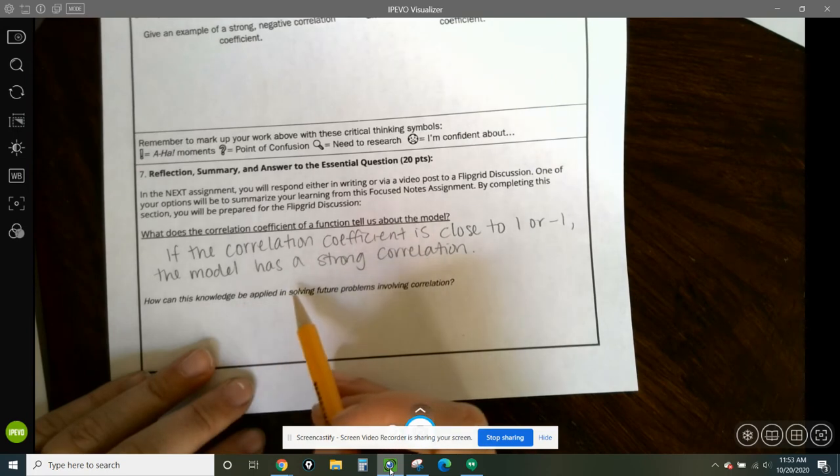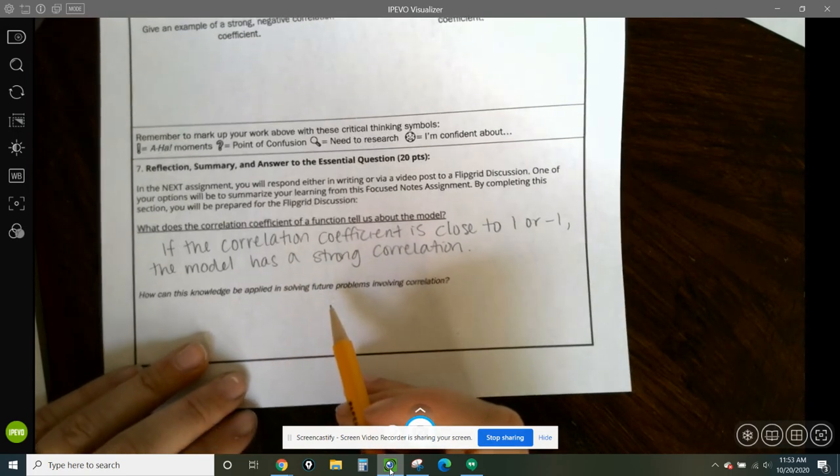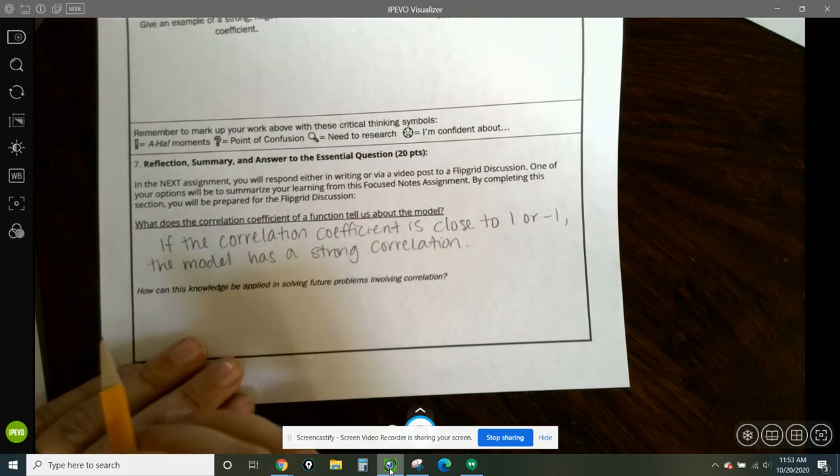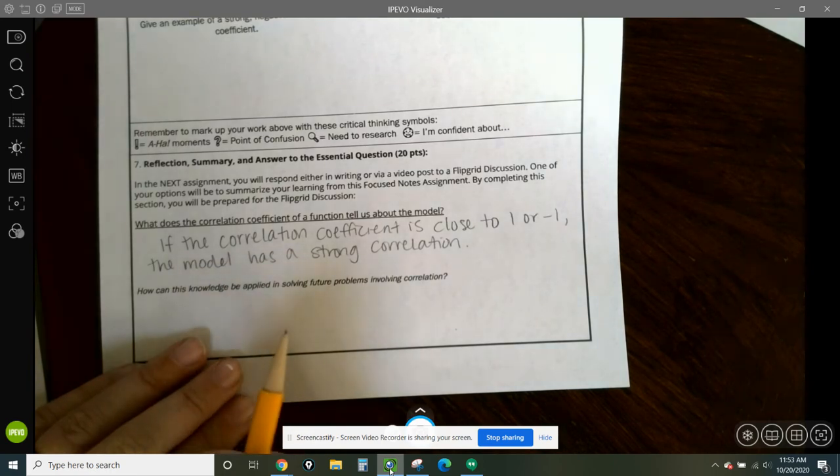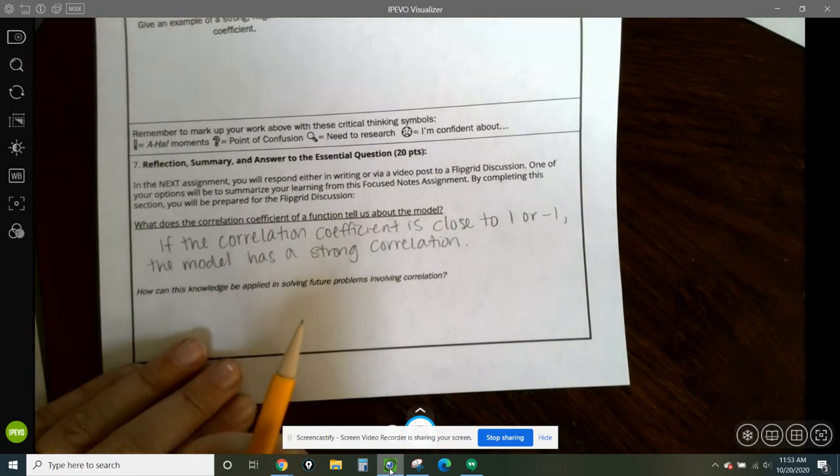How can this knowledge be applied in solving future problems involving correlation? So now that you know about correlation, you'll be able to test the accuracy of models. By looking at that correlation coefficient, you'll know whether you should be able to rely on that information.